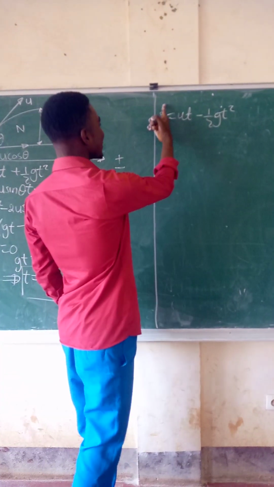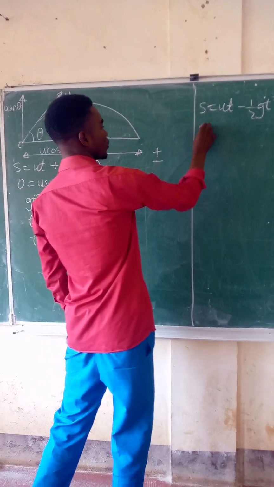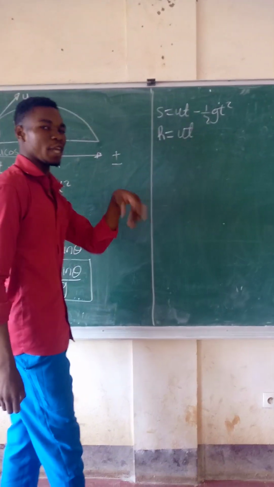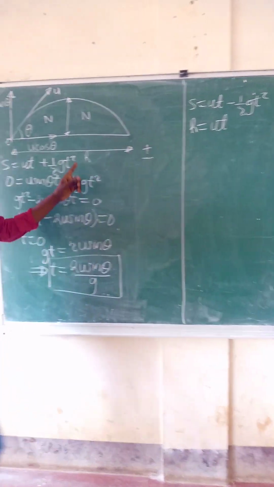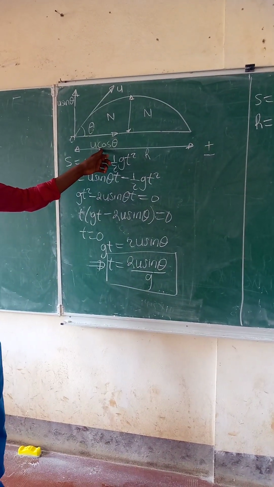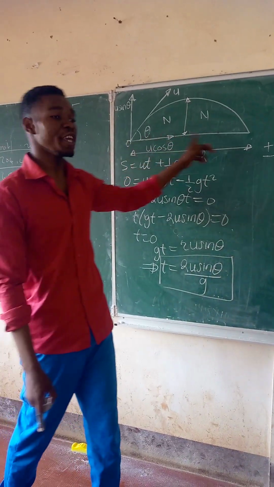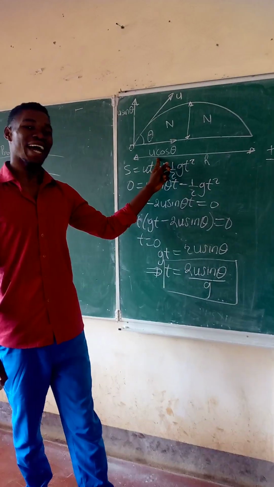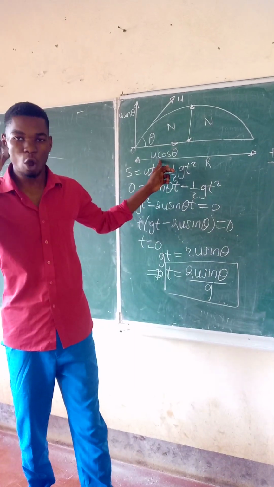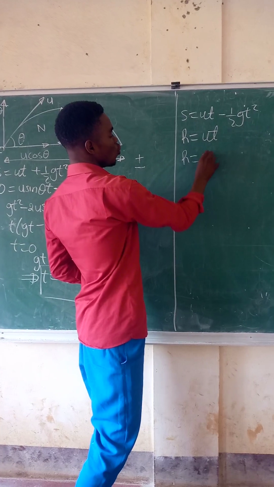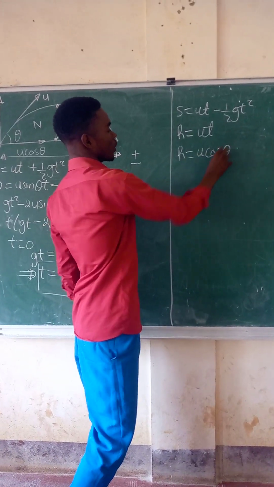That implies, and this S is my range, that's R. So R turns out to be ut. But what is my u? My u, the component of the velocity that helps the projectile to attain its maximum range, is u cos theta, and it is a constant component. So I'm going to have R equal to u cos theta.